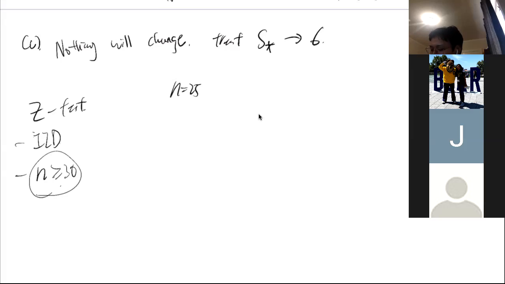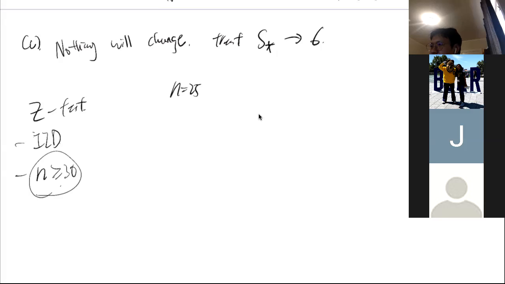There's a theorem saying that when n is greater or equal to 30, we can almost guarantee that our distribution will be a normal distribution.